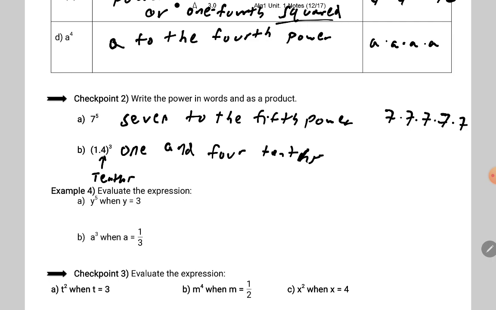And then this number's a 3, so I can say cubed or to the 3rd power, it doesn't matter. And this is 1.4 times 1.4 times 1.4. So notice how I use the dot and just parentheses. Parentheses just works fine. When we're working with decimals, we like to use parentheses just because, as you can see, it's starting to look really messy.